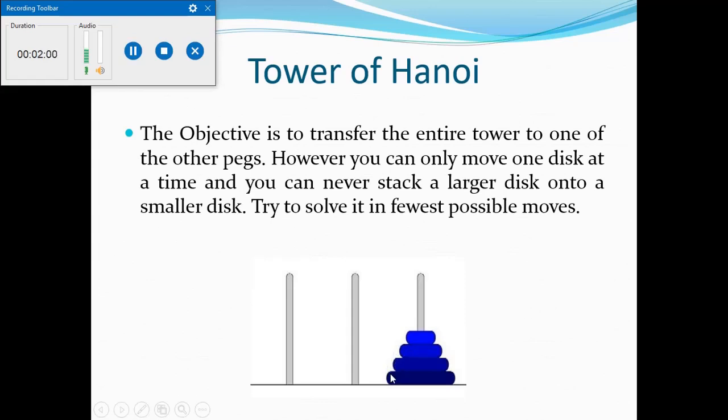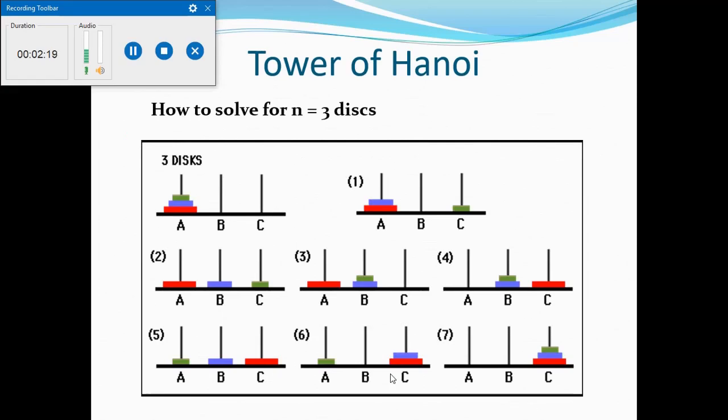So that is the idea: we only move one disk at a time, and we are not supposed to stack a larger disk onto a smaller disk. Okay, so we'll solve for n equals 3 first.